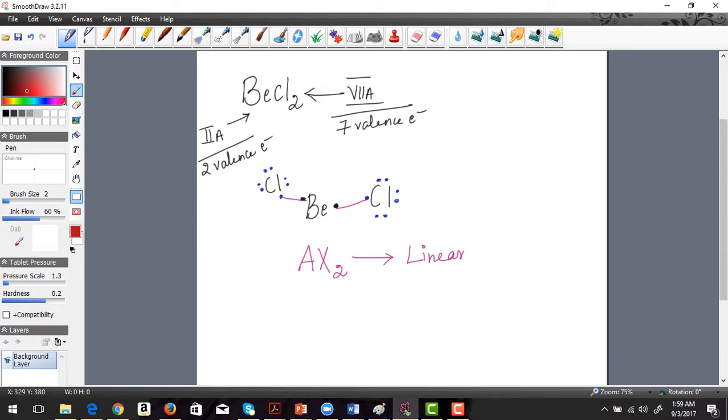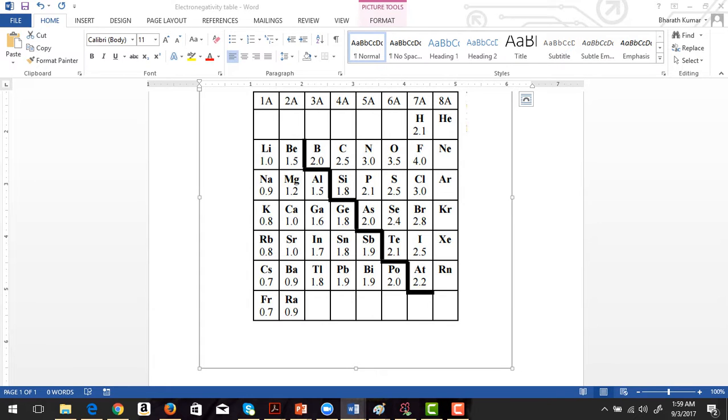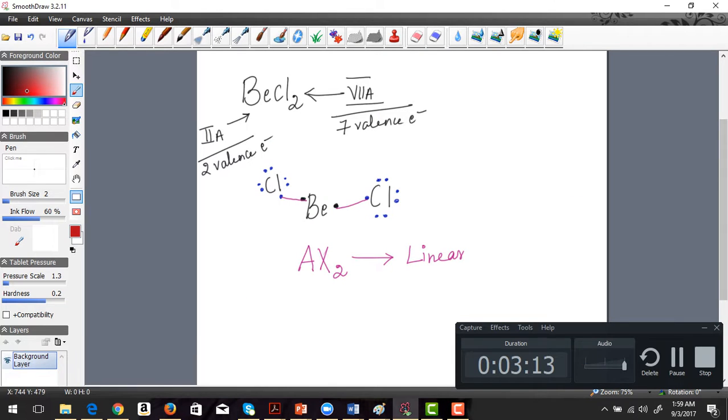If you look at your electronegativity table, beryllium has 1.5, chlorine is 3. Clearly beryllium is smaller in electronegativity, so it gets the tail and chlorine gets the head. And similarly, this gets the head and this gets the tail.